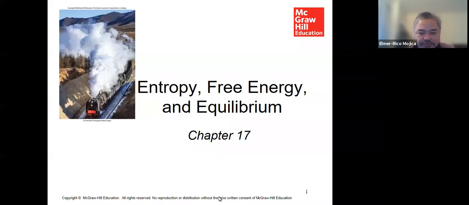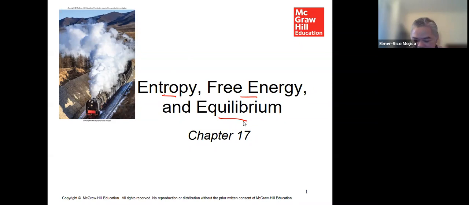Is, we could say, a continuation from what we have discussed so far. So we have chemical equilibrium, acids and bases, then acid equilibria, including solubility equilibria. So when we're talking about chapter 17, we're talking about the concept of entropy, free energy, and equilibrium.